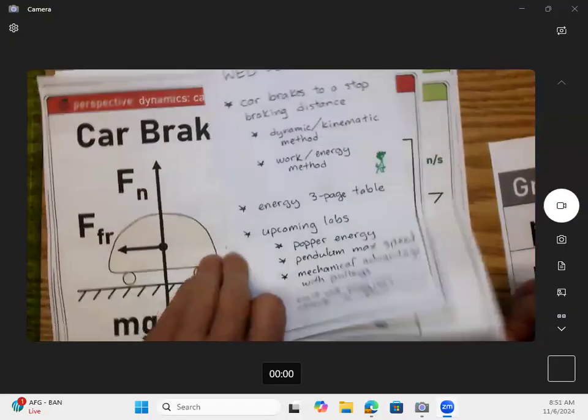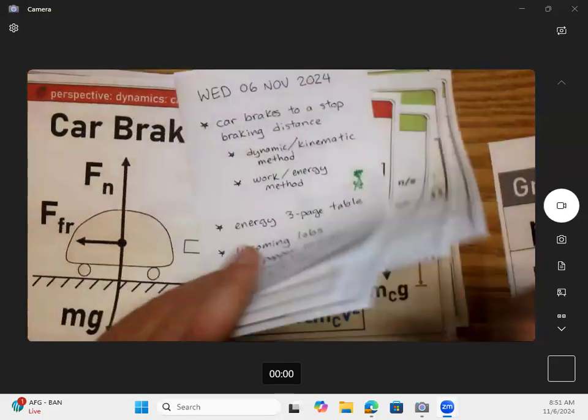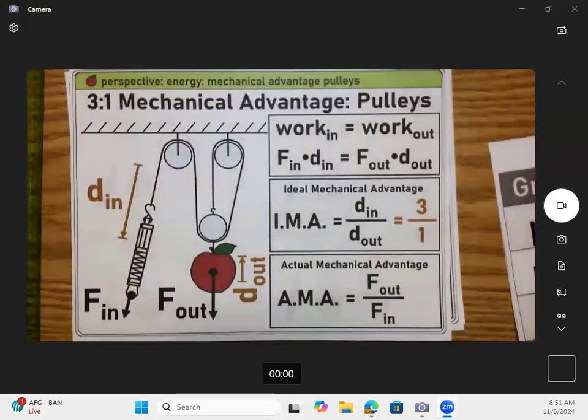Also, there's another lab coming up. On my desk, this entire semester, I've had a pulley system rigged up. You see this pulley system right here. I'm going to have you rig up some pulley systems and see what the mechanical advantage is. You can increase your strength with a pulley system. I know this is off screen if you're watching this video, so use your imagination. I'm holding right now a small weight, 5 newtons, and a big old weight, 10 newtons.